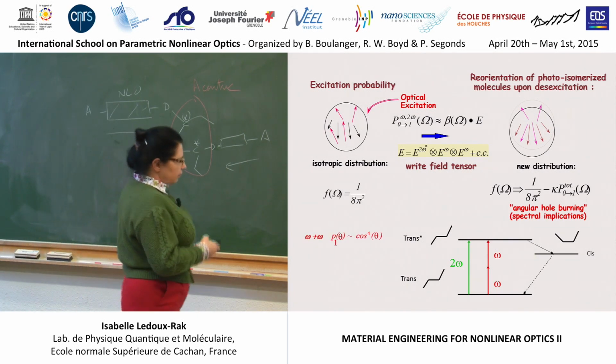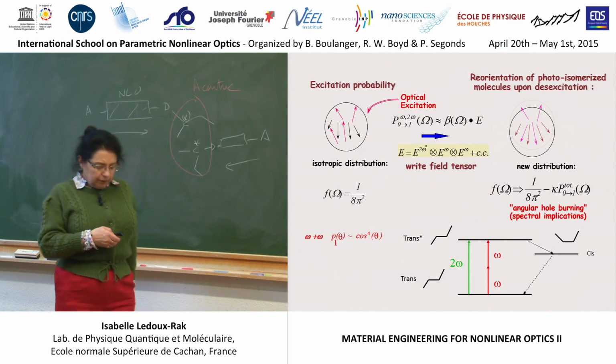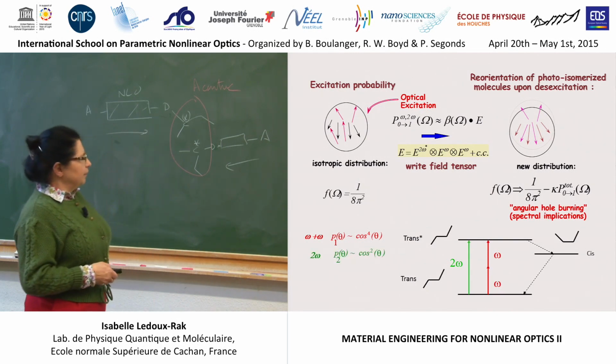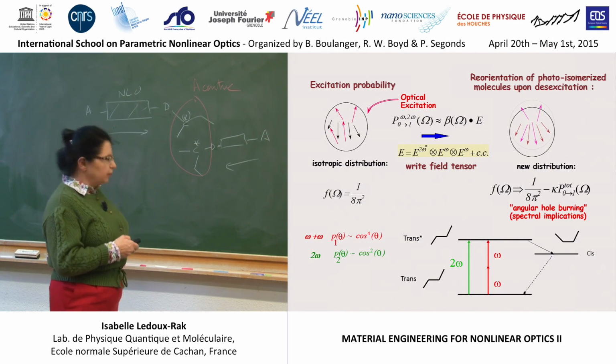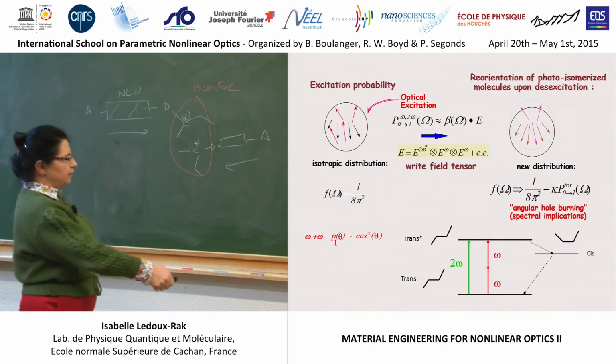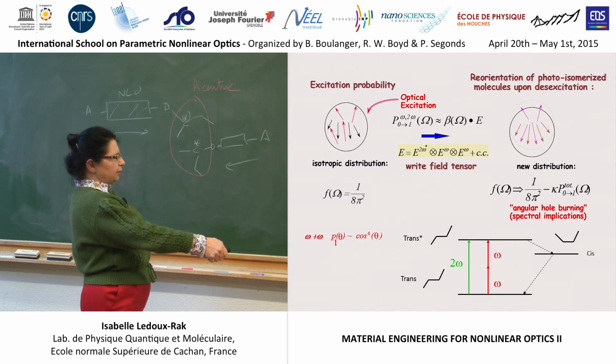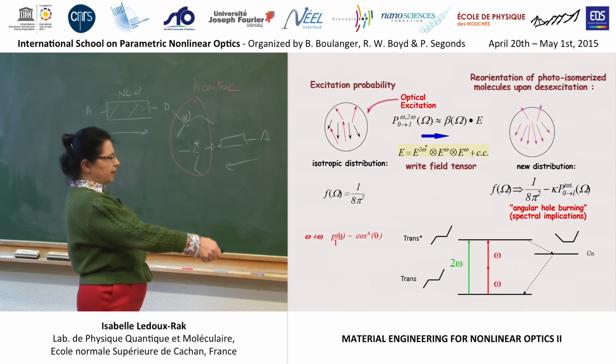It can be shown that we may have different schemes and probabilities of excitation. If we start with only two-photon excitation, we have 2 omega.